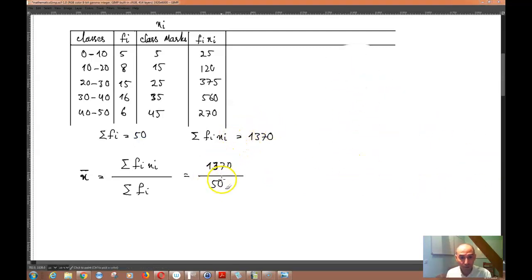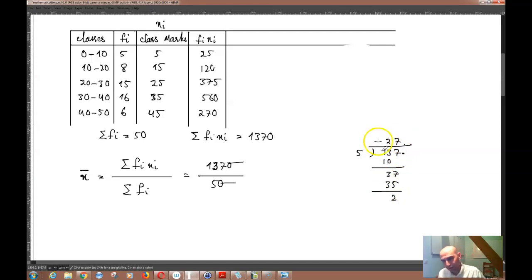Now if I divide this, cancel these two out, 137 divided by 5 is not divisible really. But you can write 137 divided by 5: 2 times 5 is equal to 10, 37, 7 times 5 is equal to 35, 2, and 0.4, so 27.4.